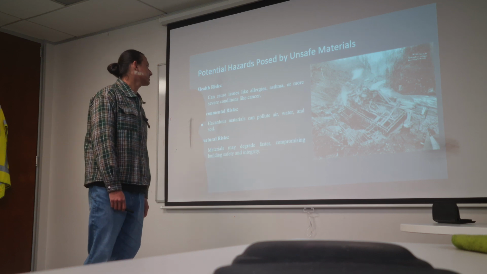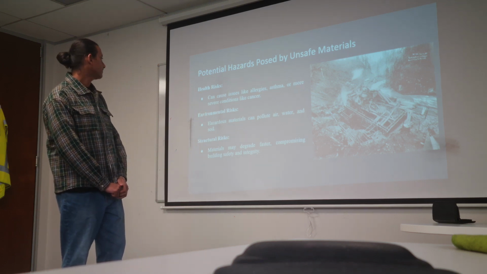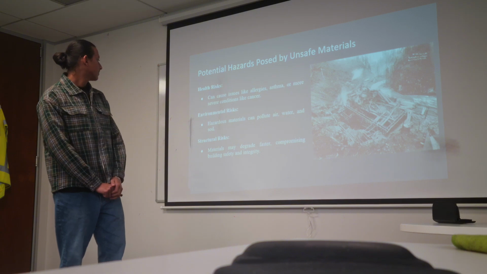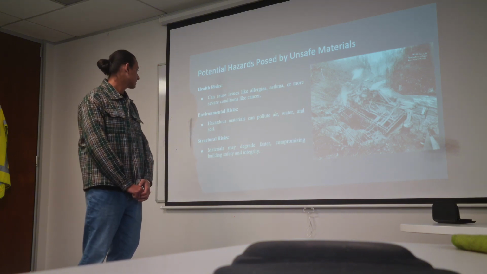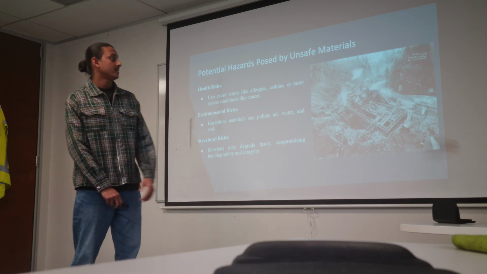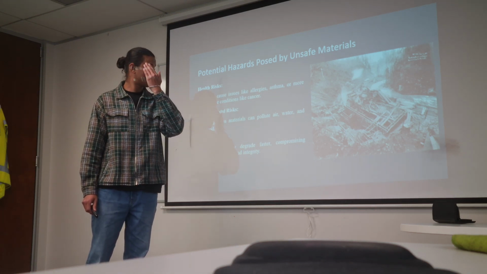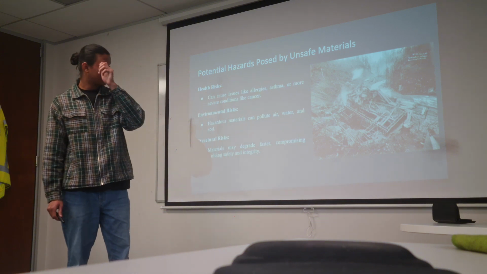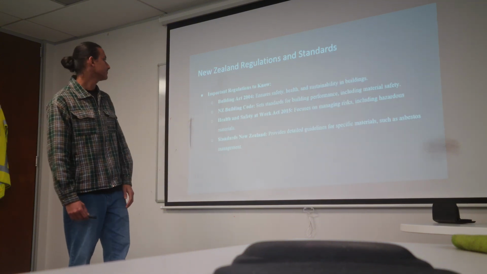Environmental risks: hazardous materials can pollute air, water, and soil. Structural risk: materials may degrade faster, compromising building safety and integrity. As in the picture, use of wood unsafely can degrade the environment and the building capability.